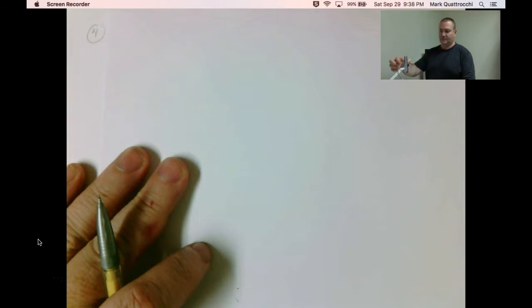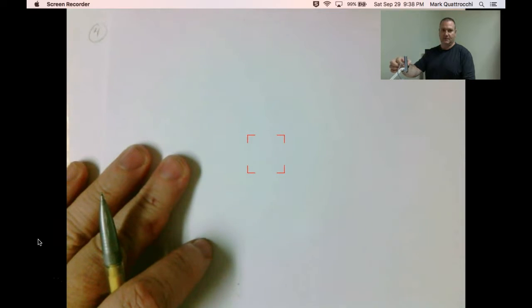So here we have problem 4. Let's see if we can get a better focus going here. How about this one? All right, one more time. That's a little bit better.